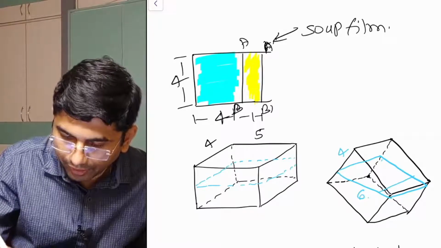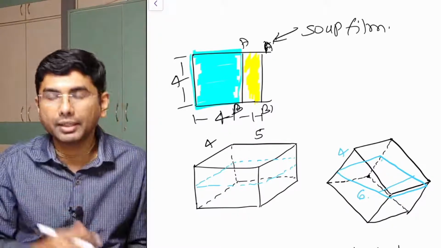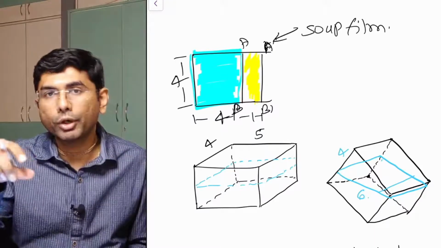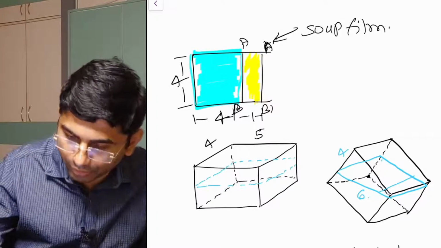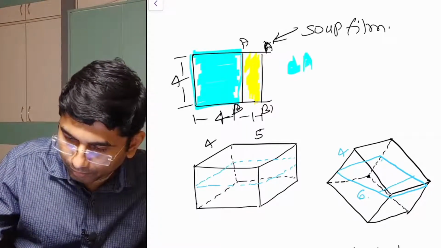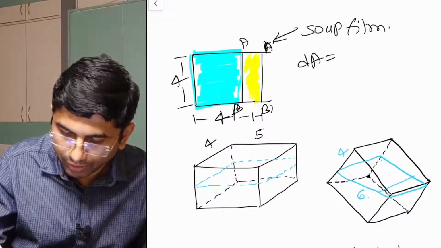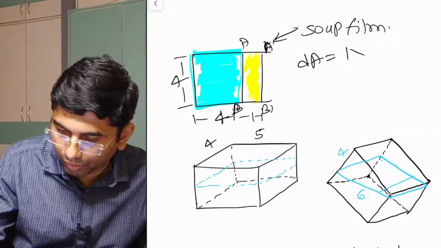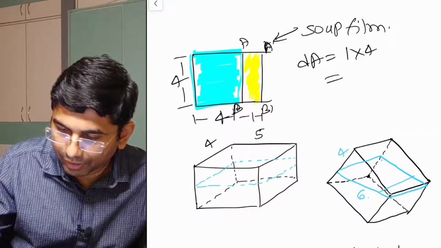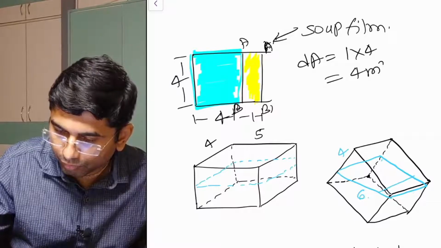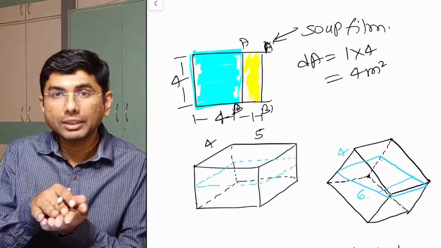Initially the area was this complete surface. Then there was some increase, and the yellow part shown is the increase in area. The change in area, delta A, is 1 into 4, which is equal to 4 meter square, considering all units in meters.